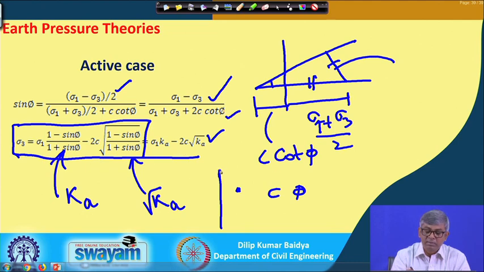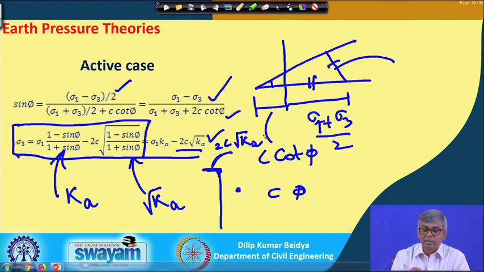If I want to find out the value at the surface, when your normal stress, that means sigma 1, is 0, you can see there is still a value of minus 2 c root k a. So, at the surface there will be a minus value, equal to minus 2 c root k a.